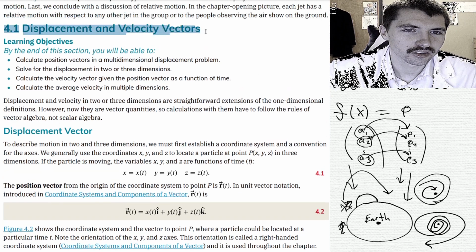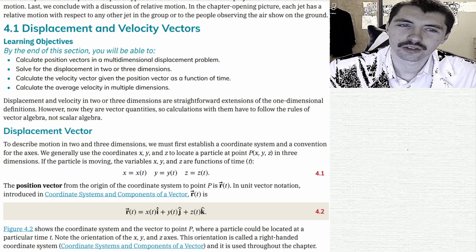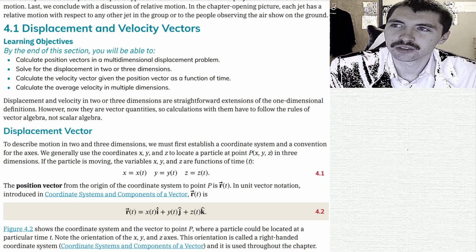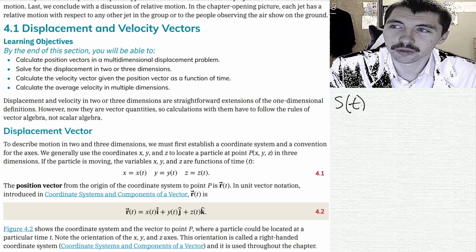So I guess we're getting into section 1, displacement and velocity vectors. So there's position vectors. I didn't originally, but now I prefer S of t for position vector.